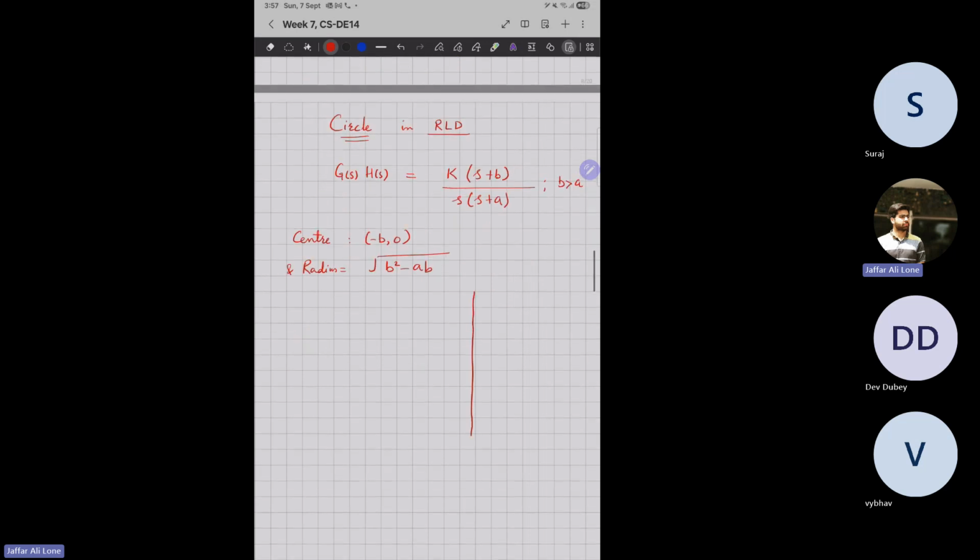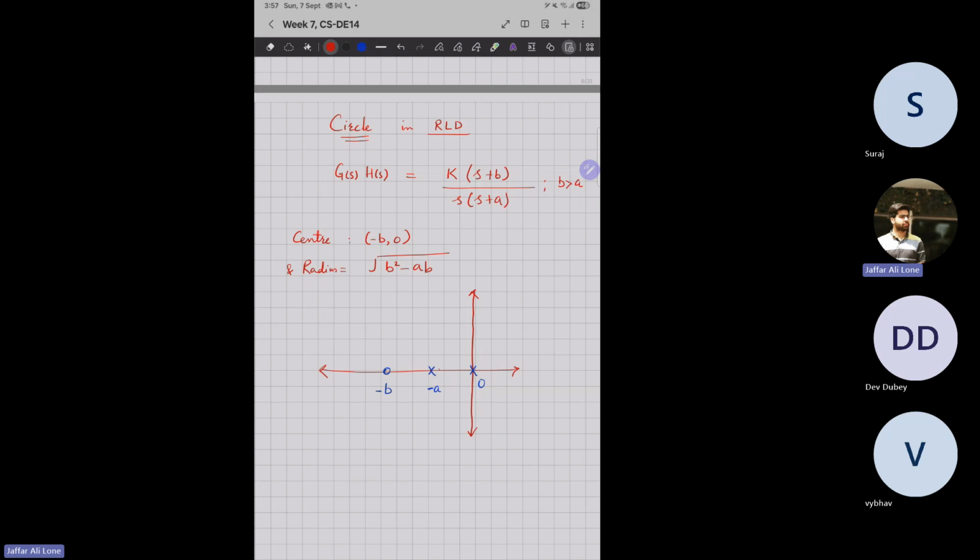Now I'll just draw this root locus. We have a pole at 0, and we have a pole at -a. And we have a zero at -b. Now, which is the valid part of the root locus?